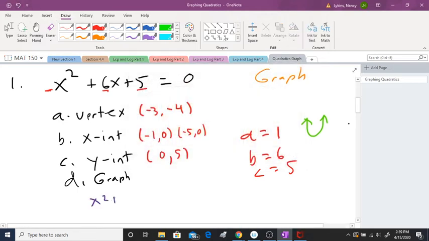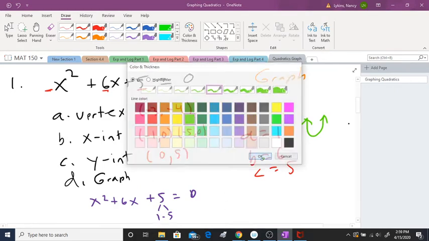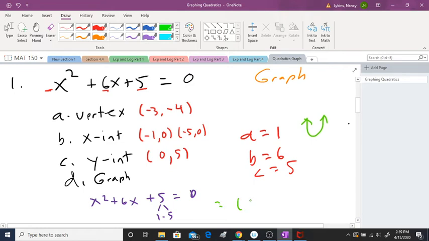This x squared plus 6x plus 5, we could factor this and say 1 times 5 is 5. And then since the 5 is positive and 6 is positive, I know that you can add them together to get that 6 in the middle right here. So x plus 1, x plus 5 equals 0.